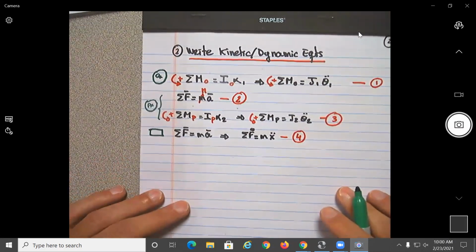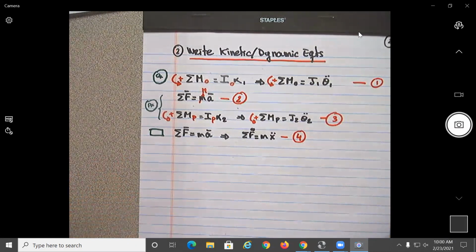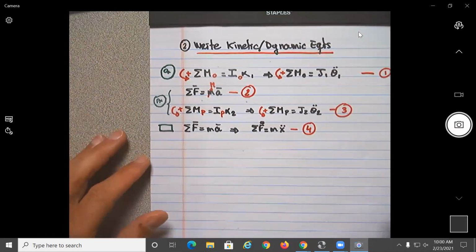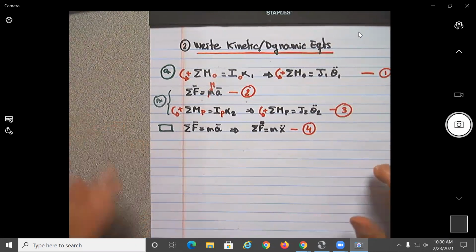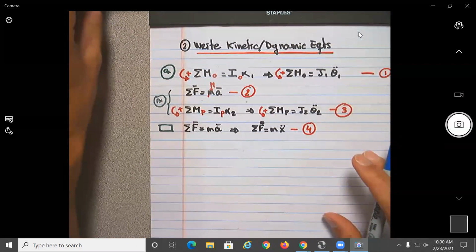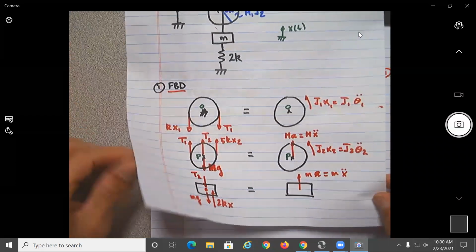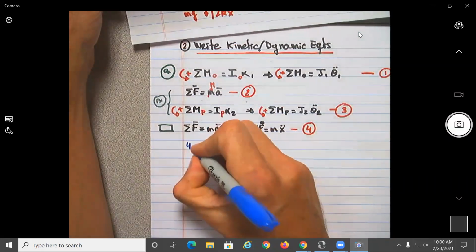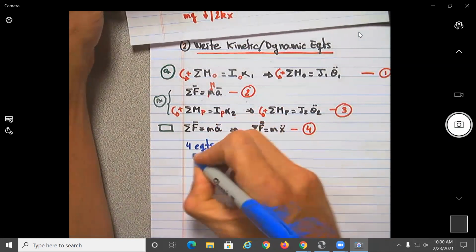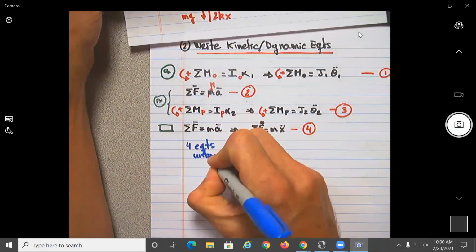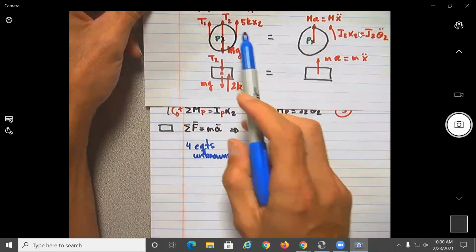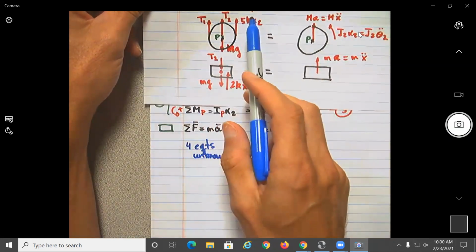Yeah. All right, so now in your head, or you can write it down, what do you need to do? Okay, it's going to be difficult here because we don't have it, but what would be the unknowns? So at this step, you come here, you say I have 4 equations. It's easier if you write down the equations, but out of this first figure, how many unknowns are we going to have?